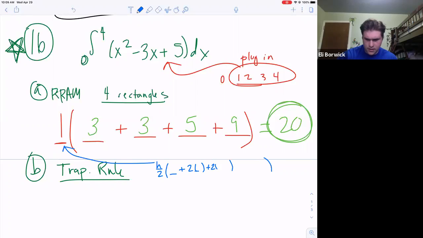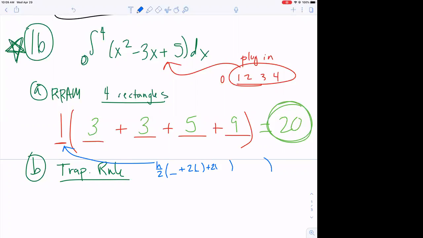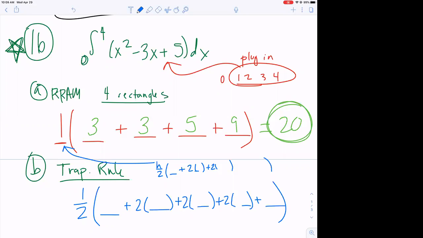Yeah, perfect. So it's just b minus a over n, which is 4 minus 0 over 4, or basically just how wide things are. So this is going to be 1/2 times, and then instead of just doing the 4 rectangles, you actually do have 5 things this time, because you multiply all the middle ones by 2. So this is just a good thing to remember.